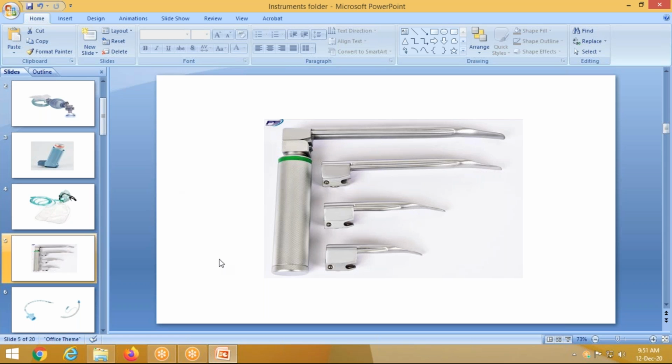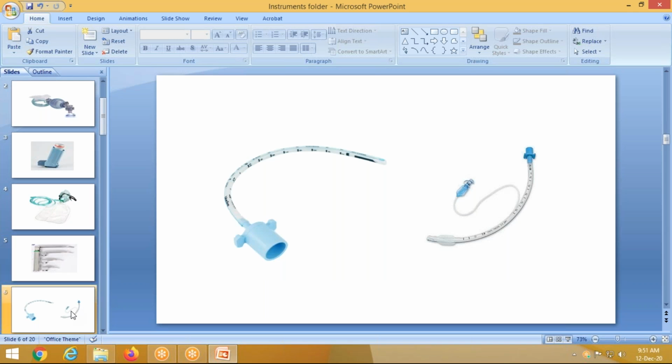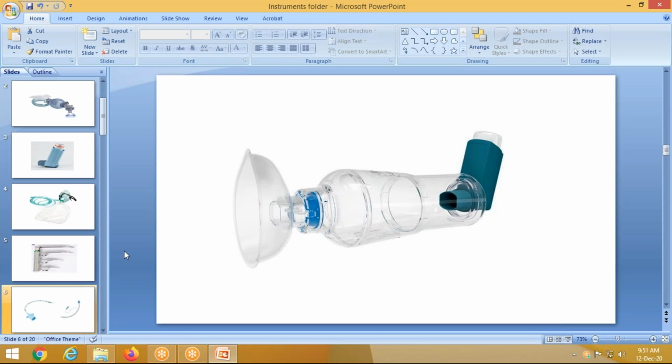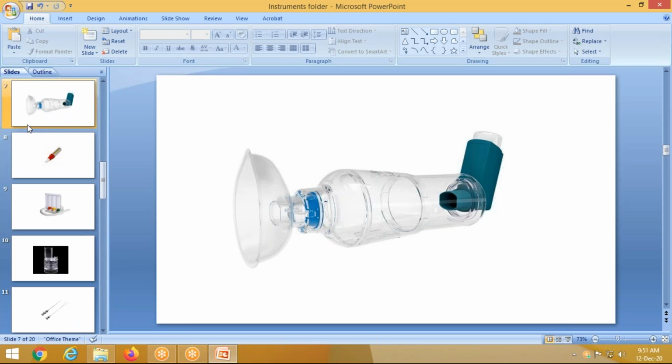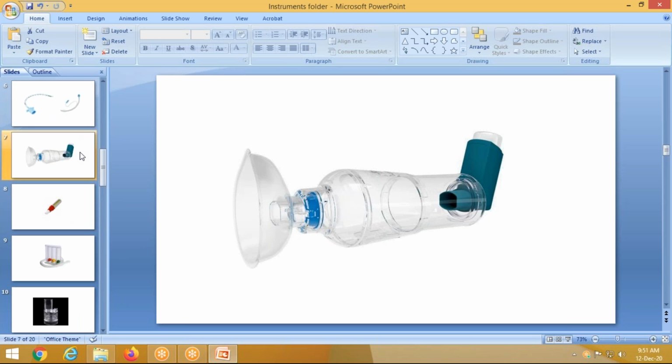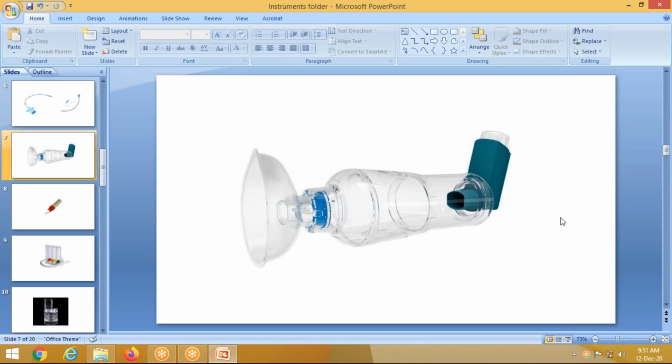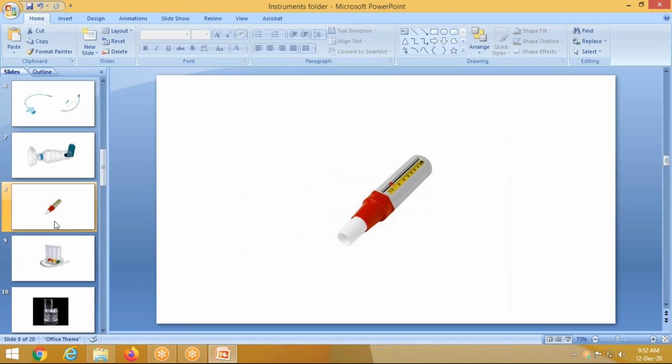According to the weight or the age of the child, you can select the appropriate size. These are the ET tubes, ET tube and cuffed ET tube. This is the mask and a spacer, body and a canister.